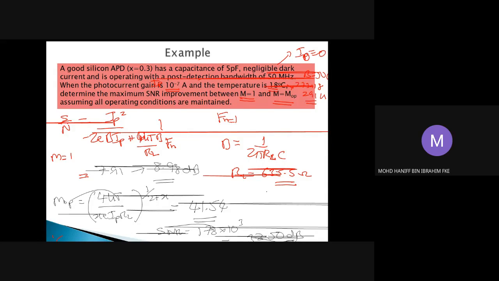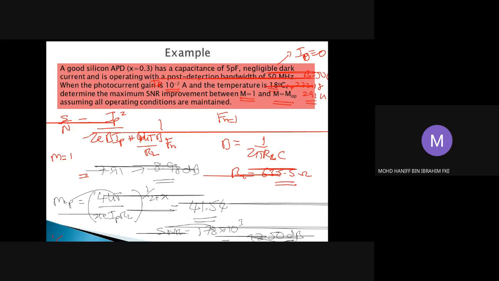So that should be the value for your SNR for the case of optimum M value. We can compare the SNR for the case of M equals to 1, which is only about 8.98 dB, a typical value for the PN and PIN photodiode.